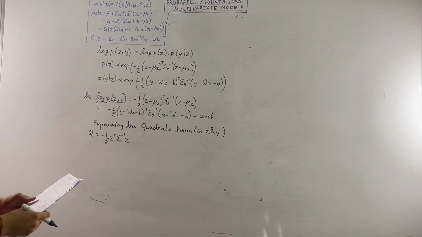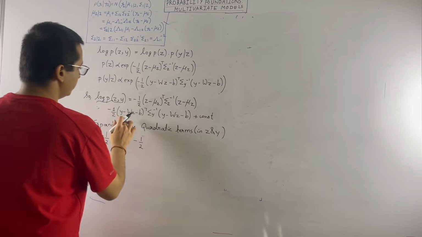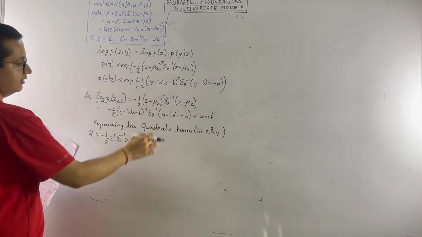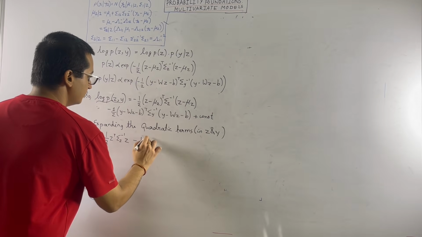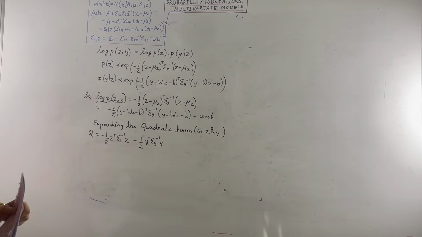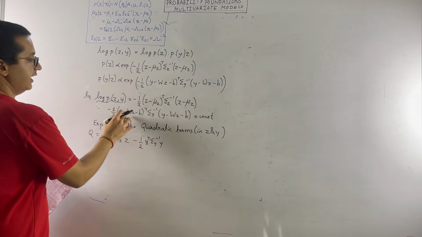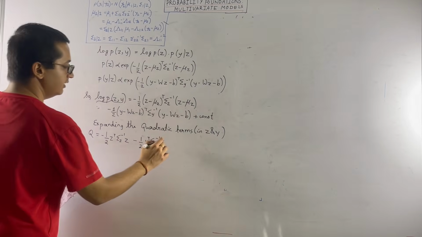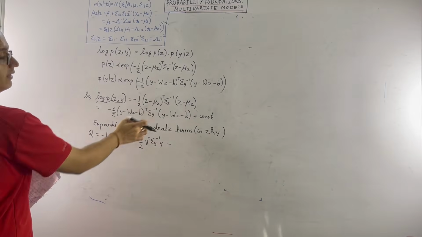Then from the second expression, what will we get? First, we have y with y, sigma y inverse, y with y is there. Then what can be the next term? y with wz and wz with y. We have two such terms, right? y with wz and wz with y.